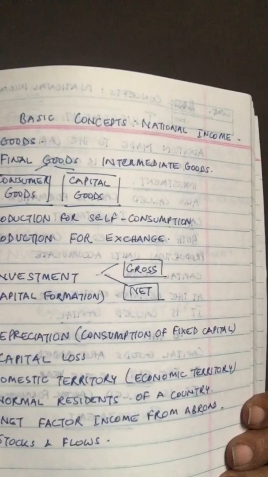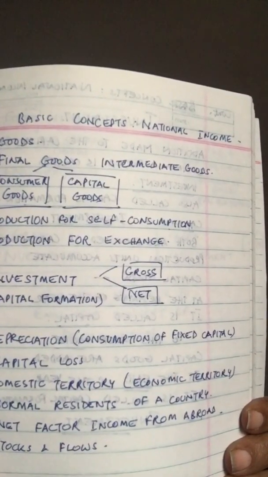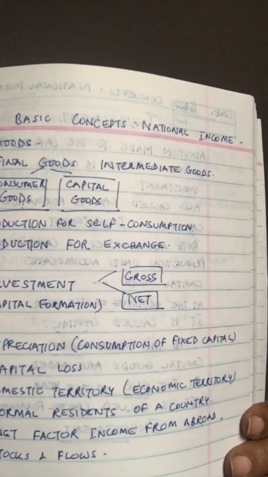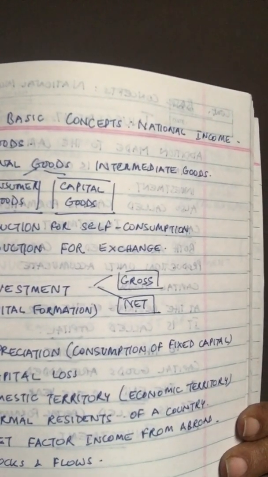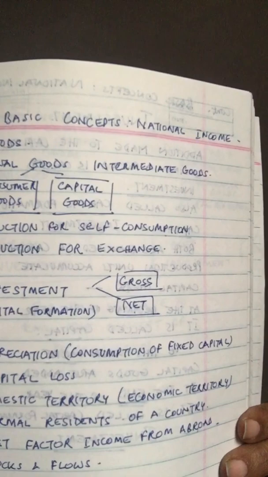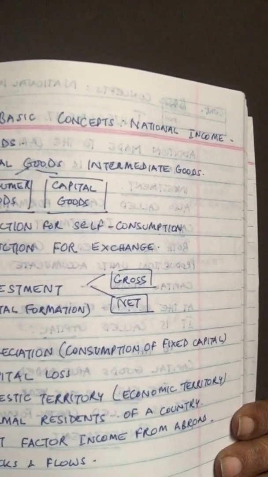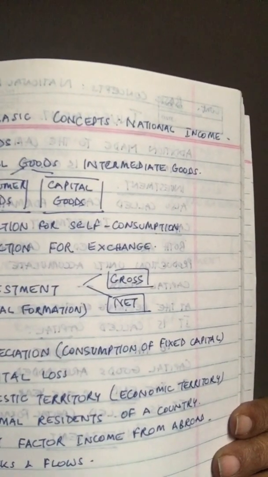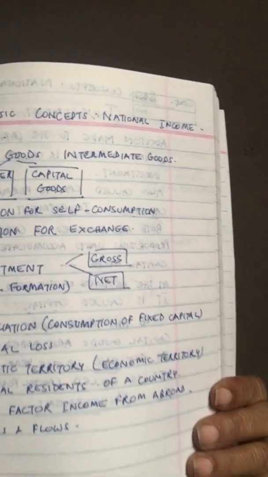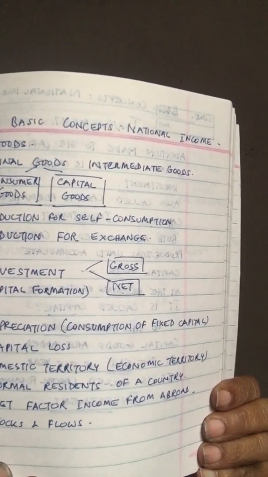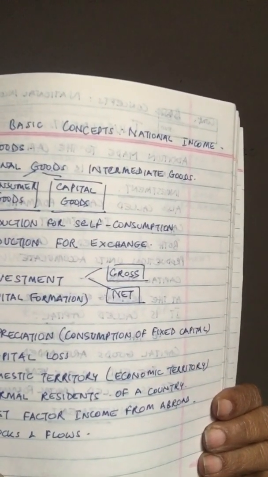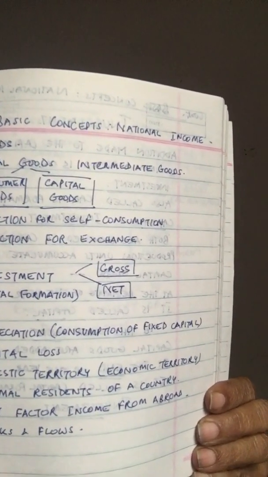So goods, as you've seen, final goods, intermediate goods, consumer goods and capital goods. Investment is gross investment, net investment. Then investment, another name is capital formation. Then something which is known as depreciation. What is depreciation?